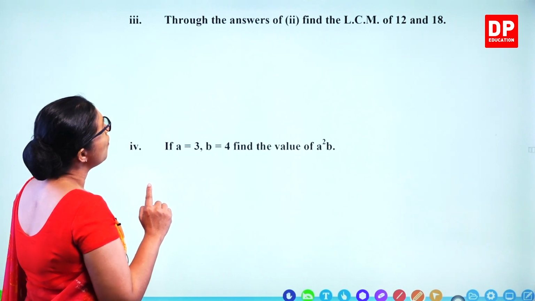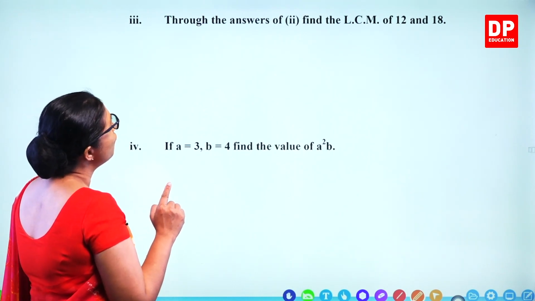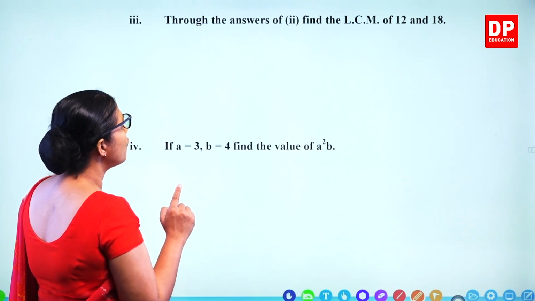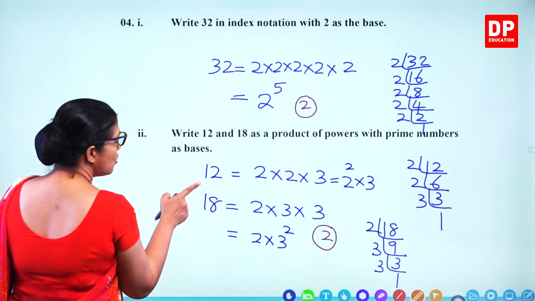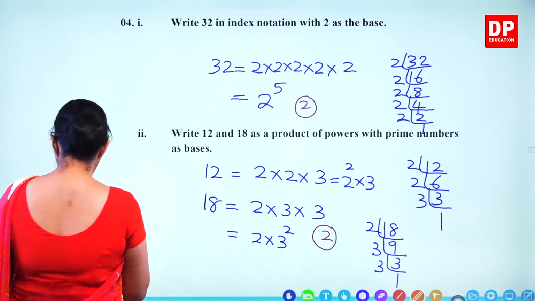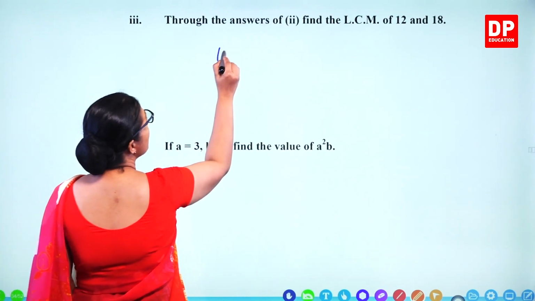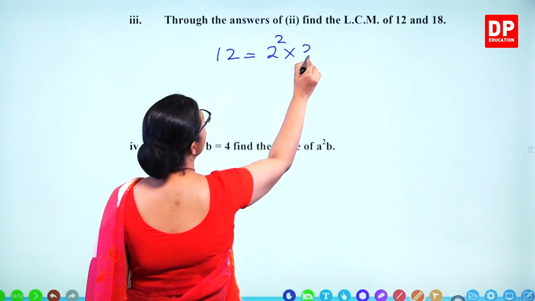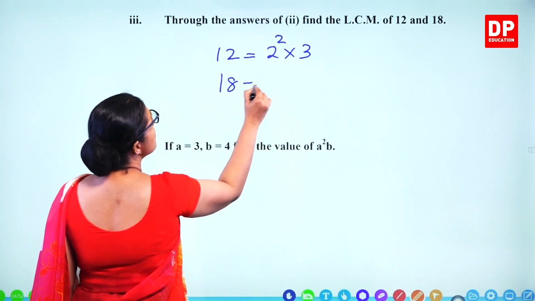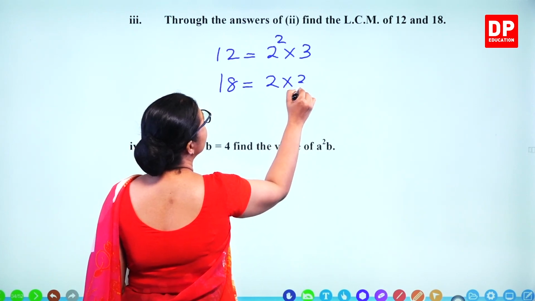Through the answers of 2, find the lowest common multiple of 12 and 18. So we can write again: 12 means 2 to the power 2 into 3. 18 means 2 into 3 squared.